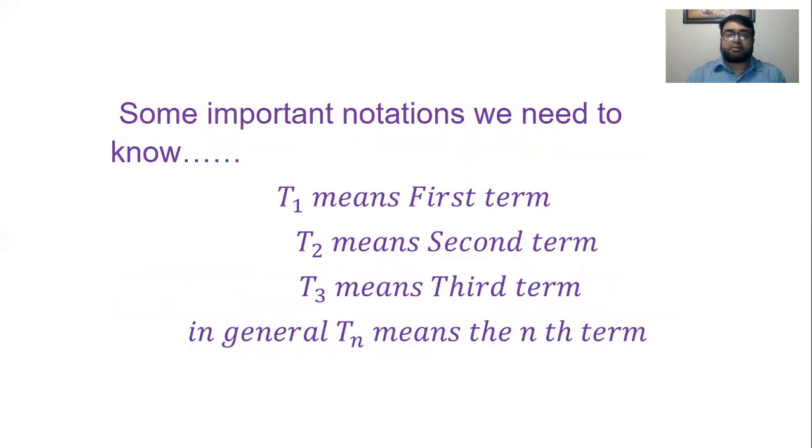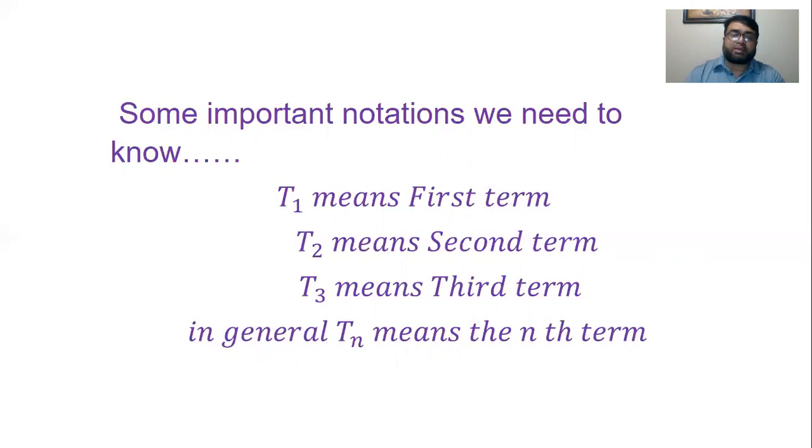All right. Now here again, just like arithmetic progression the other day, we discussed the notations. Here T1 means the first term, T2 means the second term, T3 means the third term, and in general we can name Tn as the nth term. n stands for any positive integer, I mean 1, 2, 3, 4, 5, and so on.